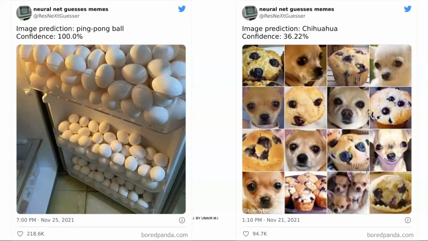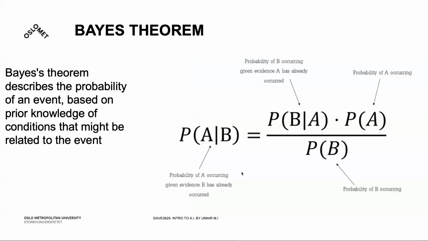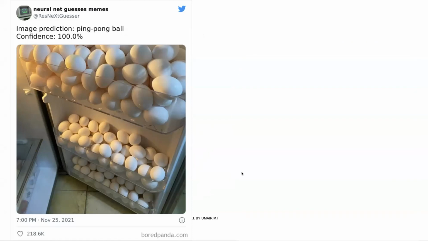So let's assume that you're building a naive Bayes algorithm and you want to train it using ping pong balls. And you use a lot of ping pong balls, and now you're testing the algorithm.